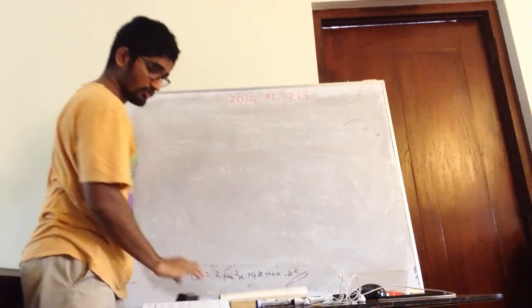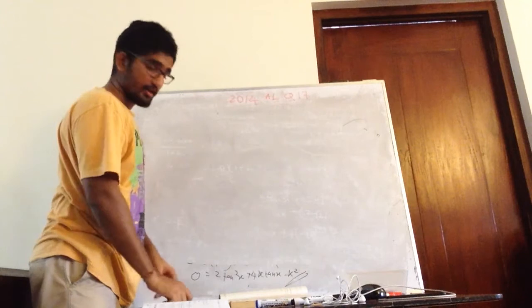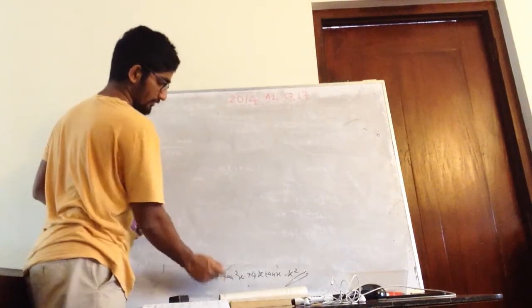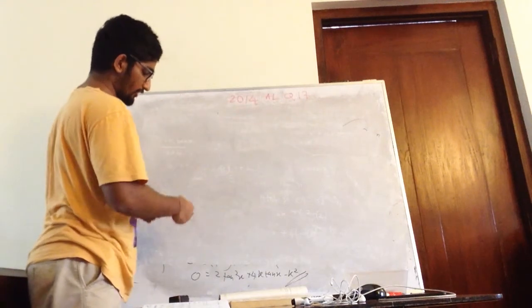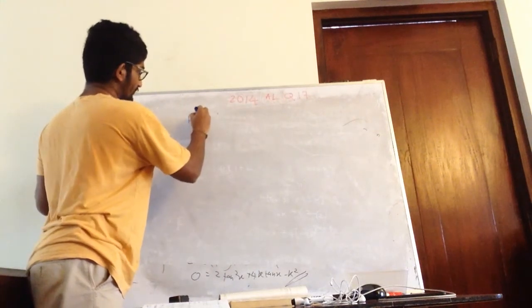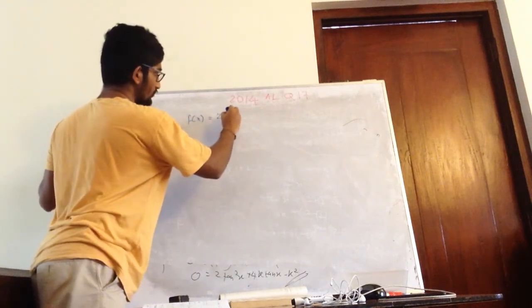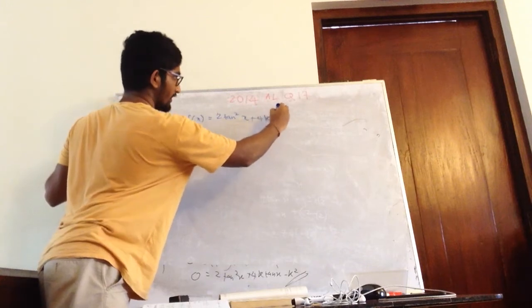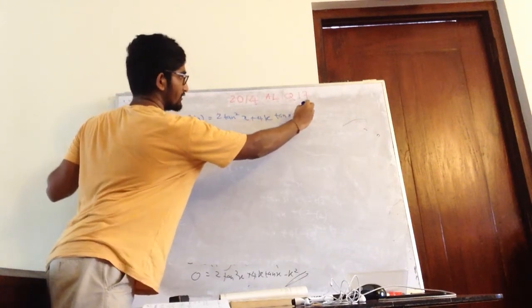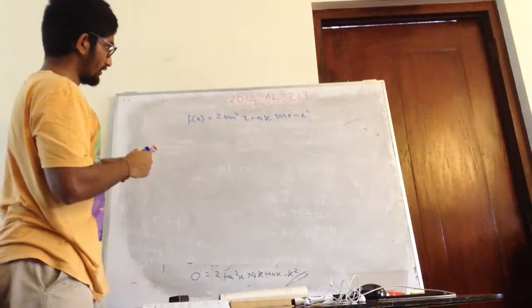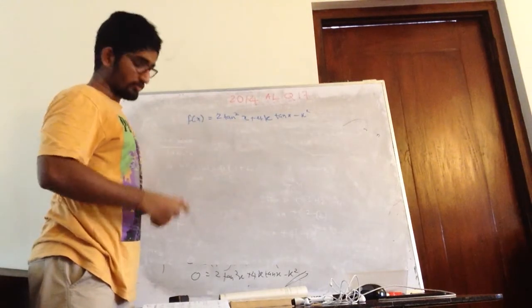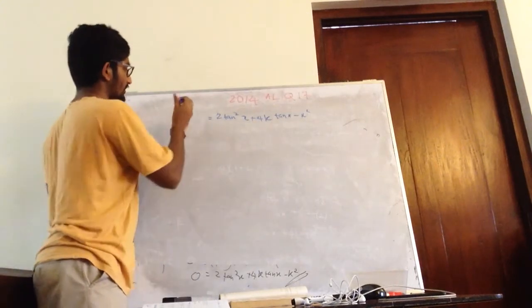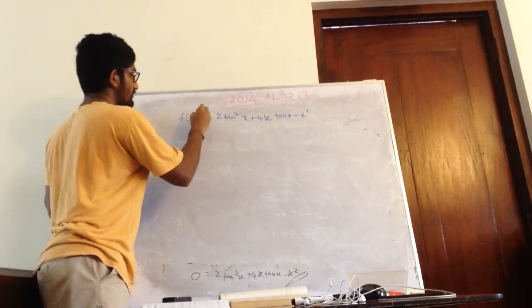So this part, if I take this as f(x) = 2 tan squared x + 4k tan x - k squared, I can actually take this not as f(x) but as f(tan x) itself.